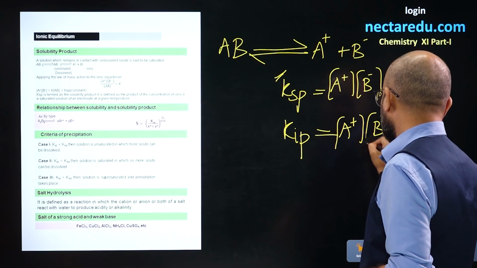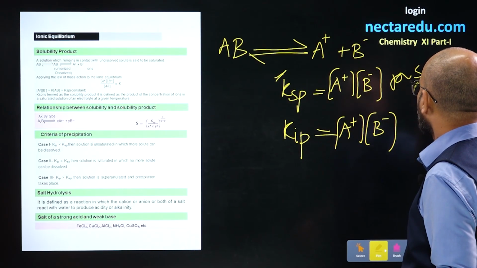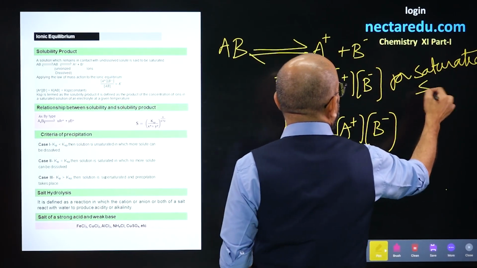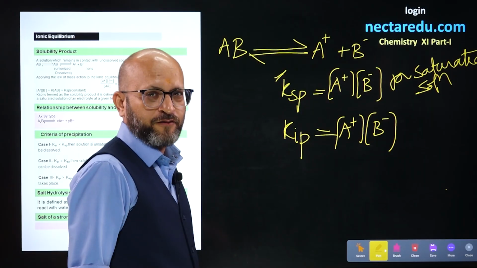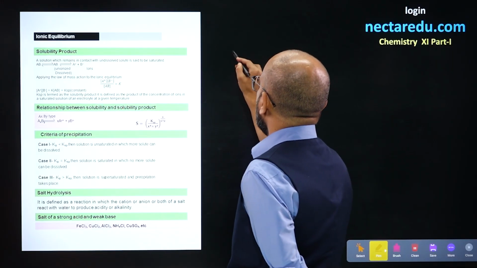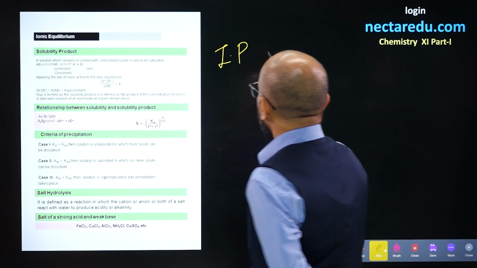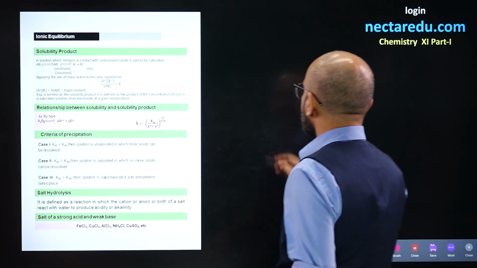So what is the difference? Solubility product is for a saturated solution only. For a saturated solution, the ionic product is equal to solubility product. For an unsaturated solution, what is the condition? I'll explain it again.